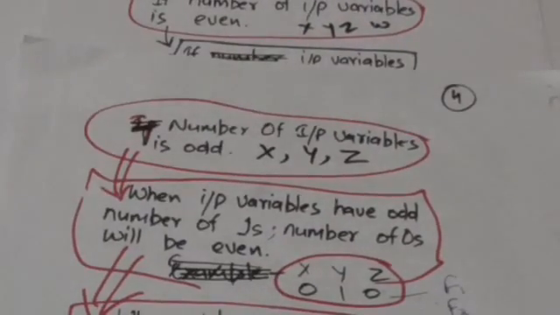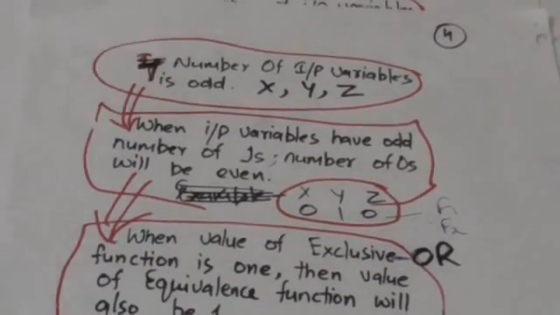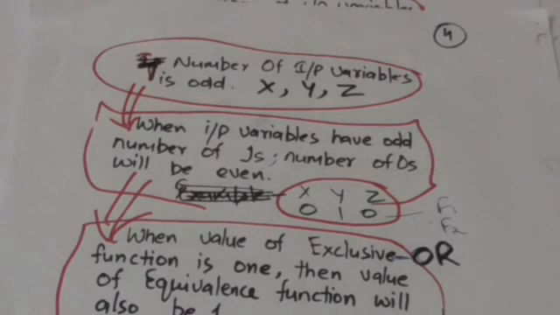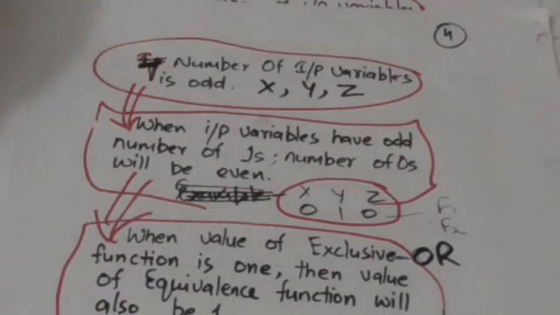Now suppose the number of input variables is odd, like there are 3 input variables x, y and z. So when these input variables have an odd number of ones, then the number of zeros will be even. Suppose x equals 0, y equals 1 and z equals 0. Here there is an odd number of ones and the number of zeros is even.